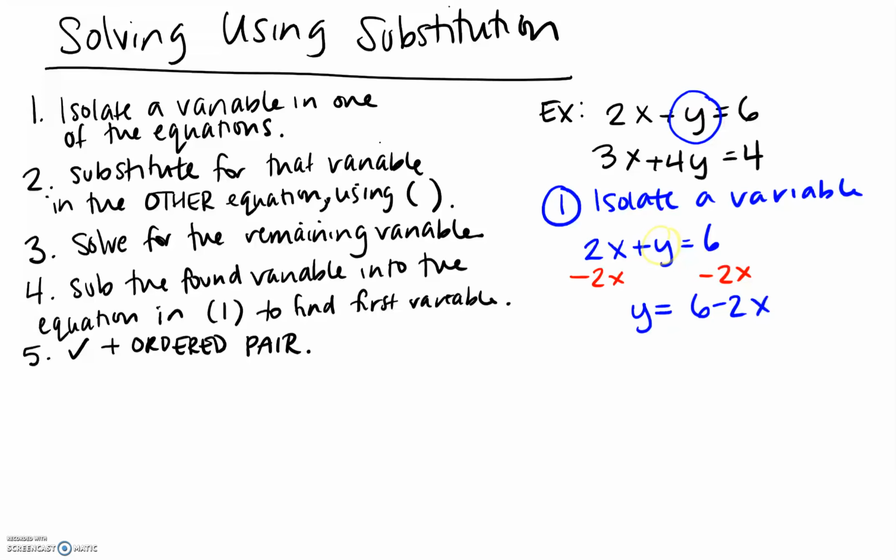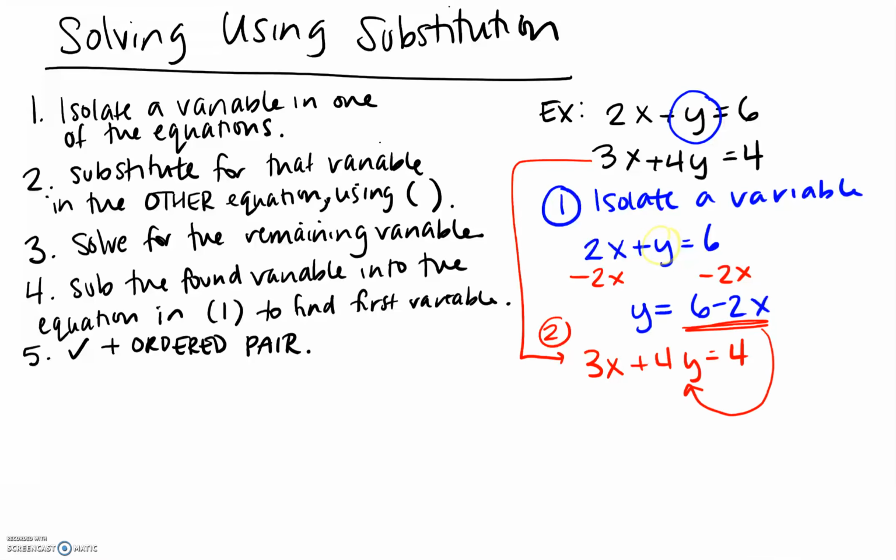All right, step 2 tells us that we should substitute for that variable in the other equation. So now we're going to bring in, for step 2, the other equation, 3x plus 4y is equal to 4. And if we have that y is equal to 6 minus 2x, we can go ahead and replace our y in the second equation with that.